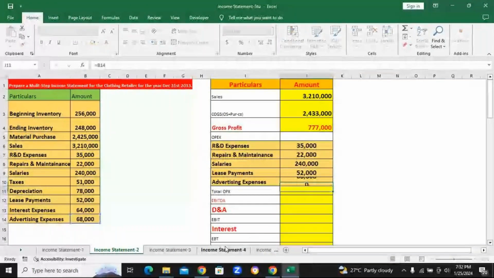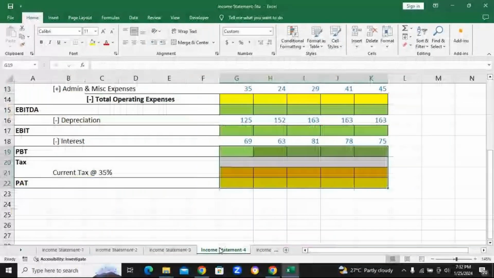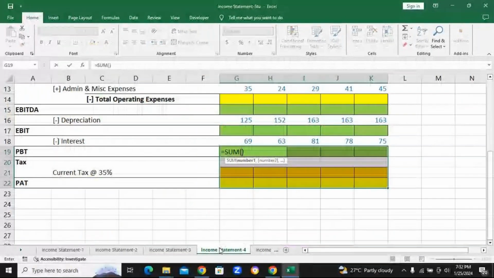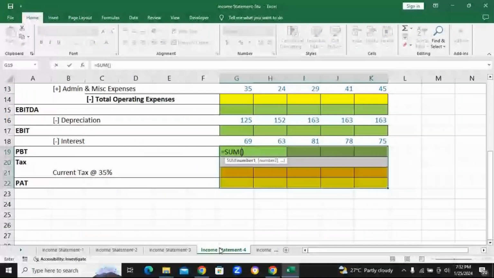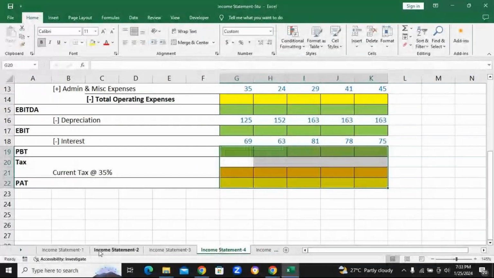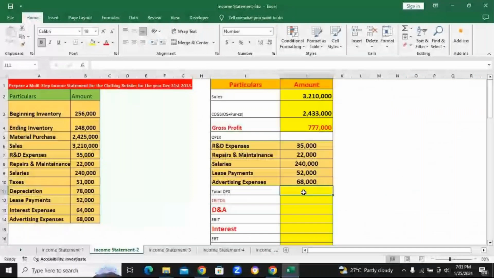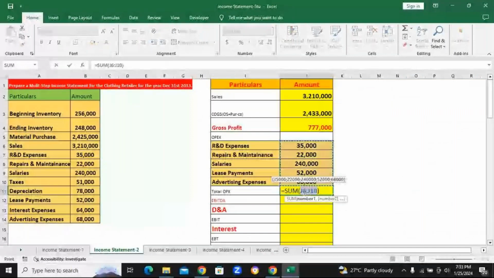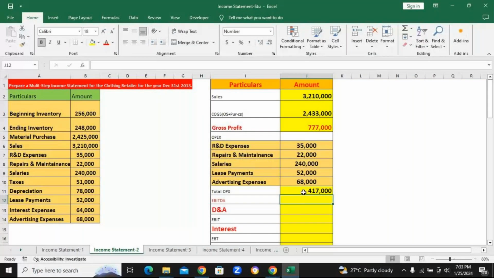So this is the total OPEX, the total operating expenses.